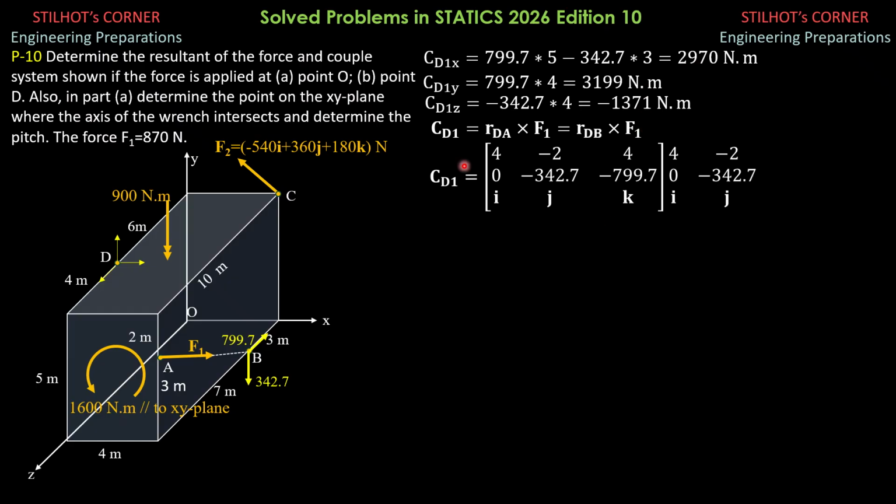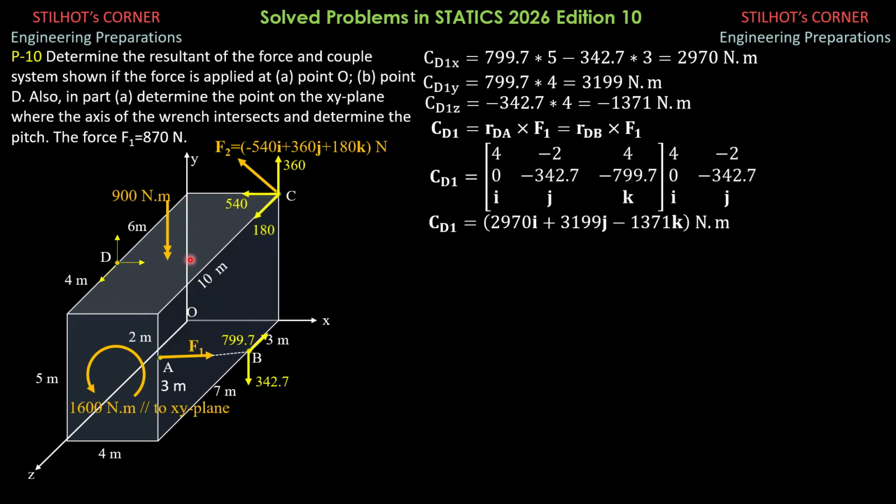So we conclude that the couple moment about D due to F1 is equal to 2970I plus 3199J minus 1371K Newton meter. For the moment about D due to this force F2, I'll have the scalar approach first. Let's put the components there.